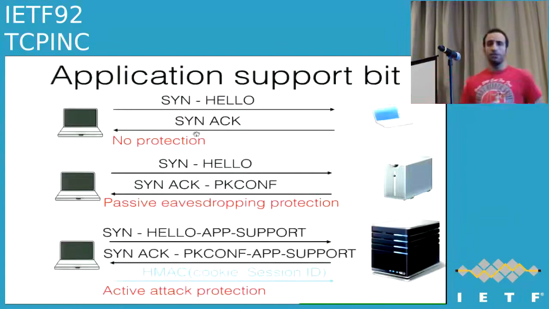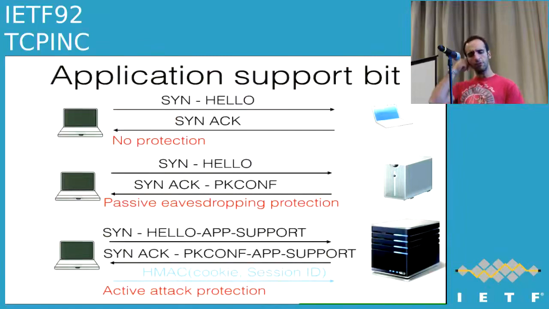One thing I haven't talked about much in the past to this group is the application support bit in TCP-Crypt, which we feel is an important design feature, and we'd like to see it present in any draft that moves forward. Now that we've got the session ID, the problem is, how do I authenticate the session ID?